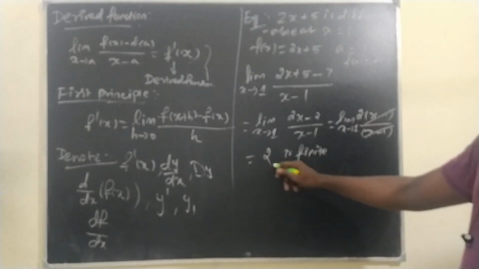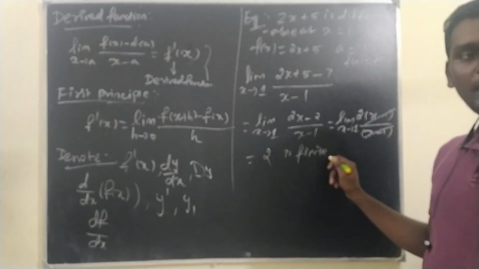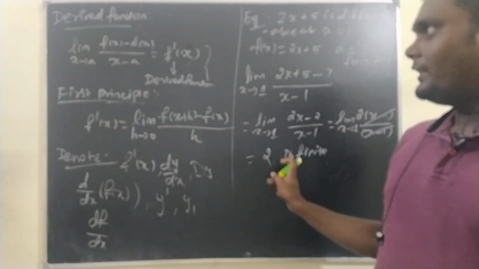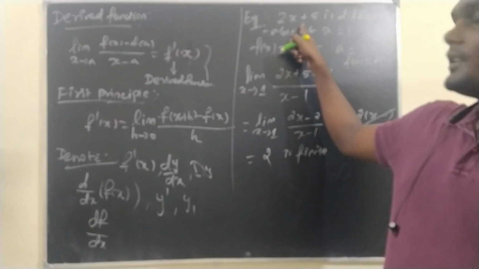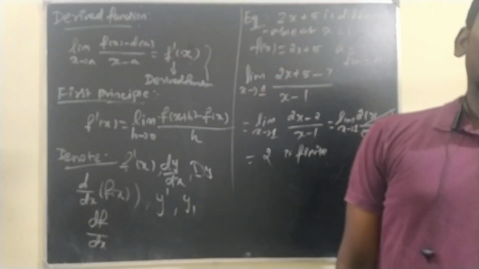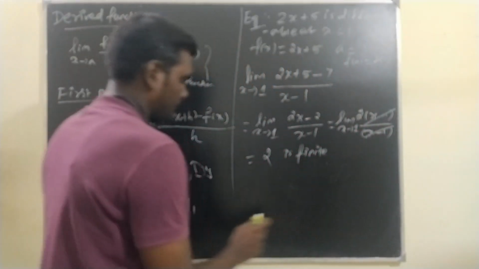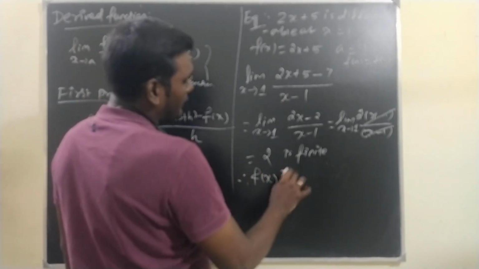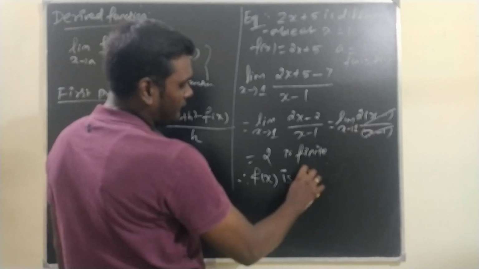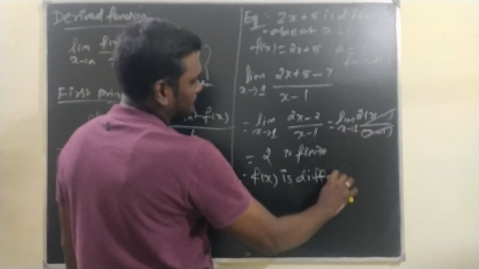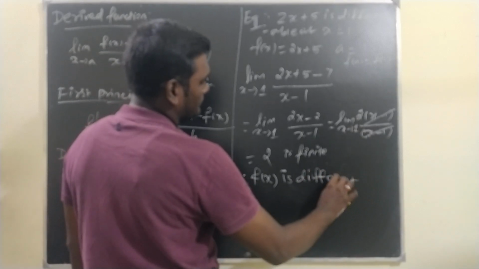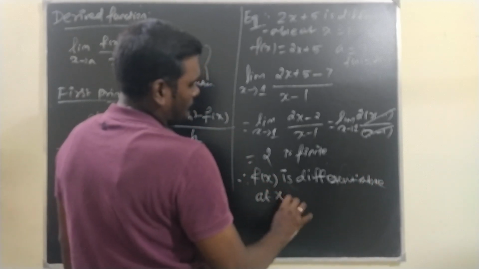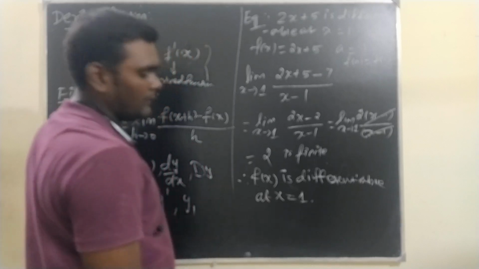So what we can say: if this limit exists and it is finite, then we can say the given function, f of x, 2x plus 5, is differentiable at x equals 1. That is all.